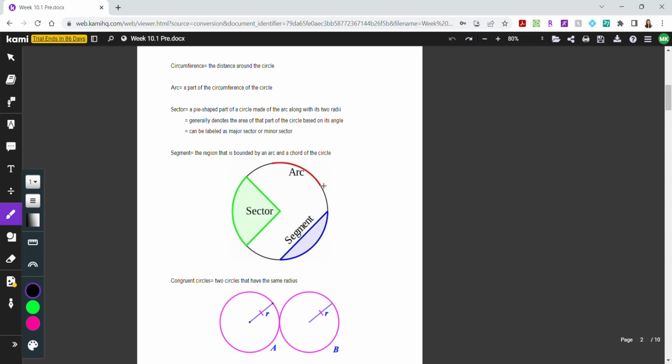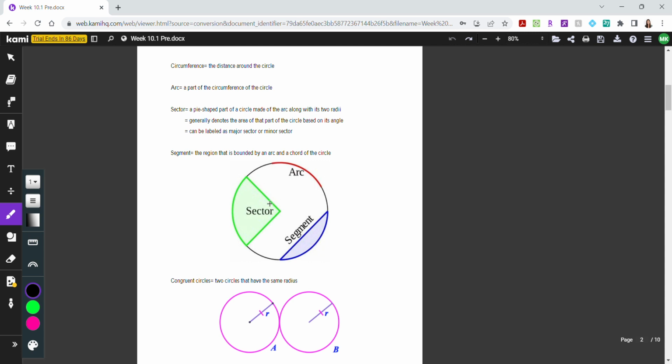Now a sector, as you can see here, is a pie-shaped part of a circle made of the arc along with two of its radii. All right, and so this entire thing is a sector, and it generally denotes the area of that part of the circle based on its angle, right? So we will use this information next week to find the area of this part of the circle.